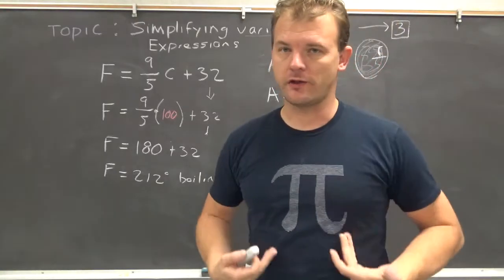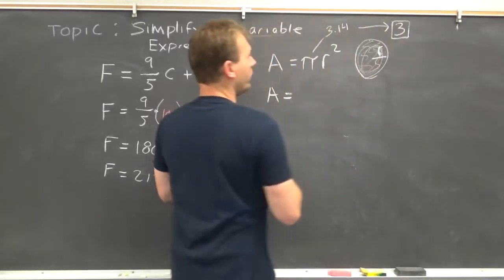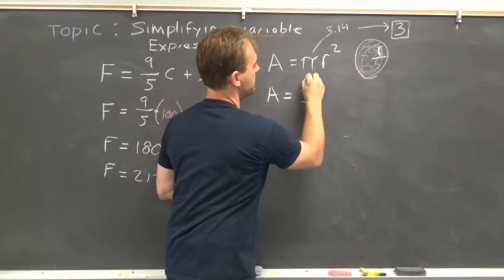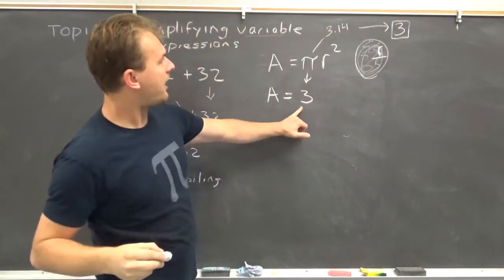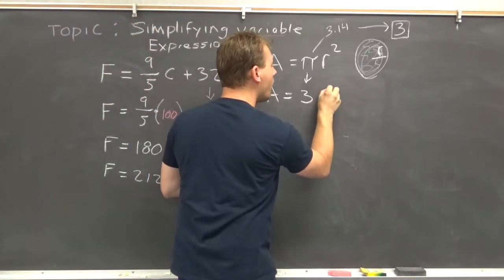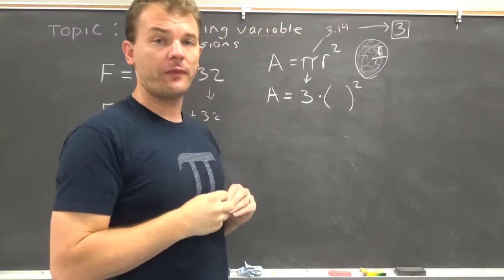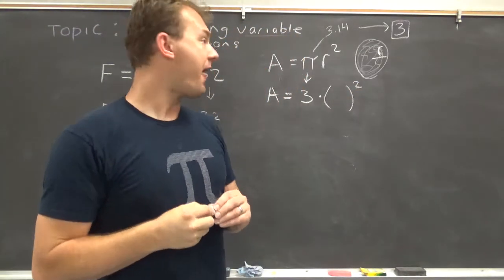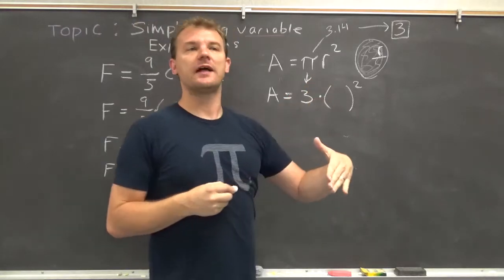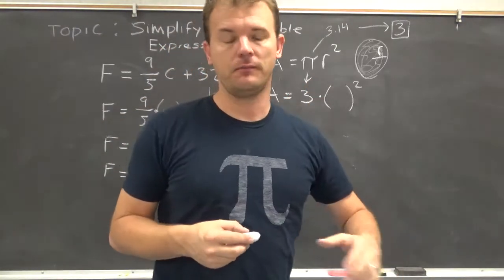But that's another story, another day. So we're just letting pi be 3 right now, times r in parentheses squared. Why do you think I put the parentheses there? Because that's what I'm trying to plug in to get the answer out.